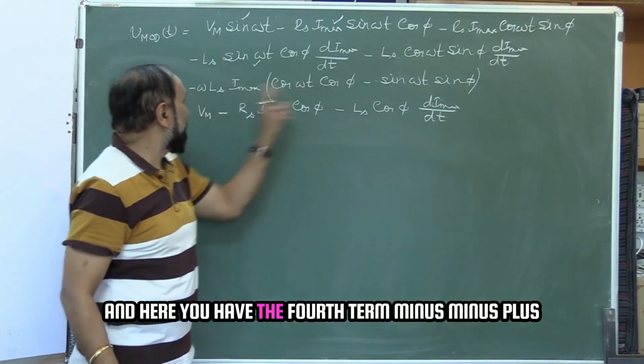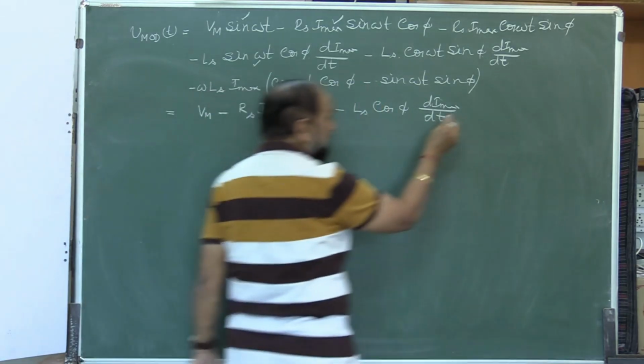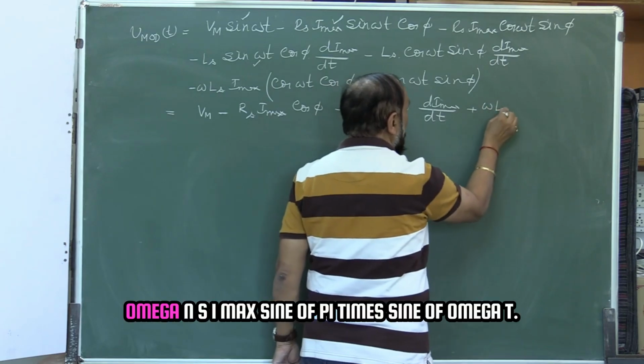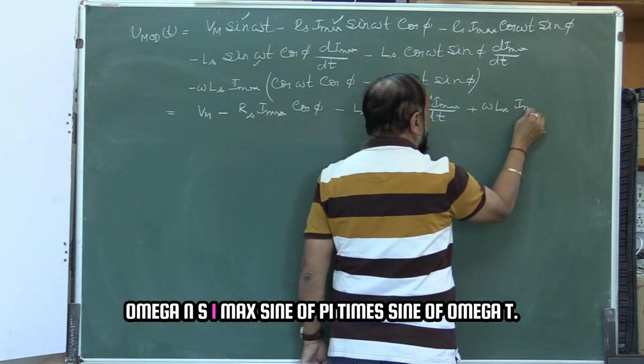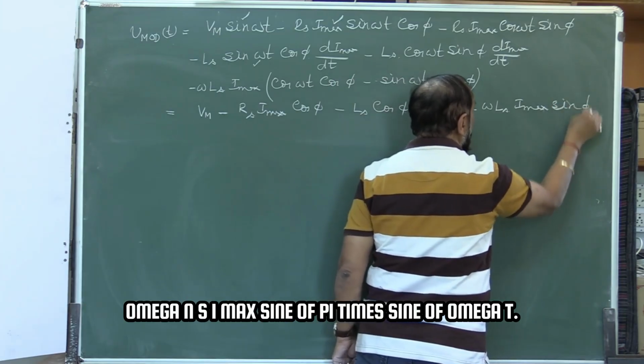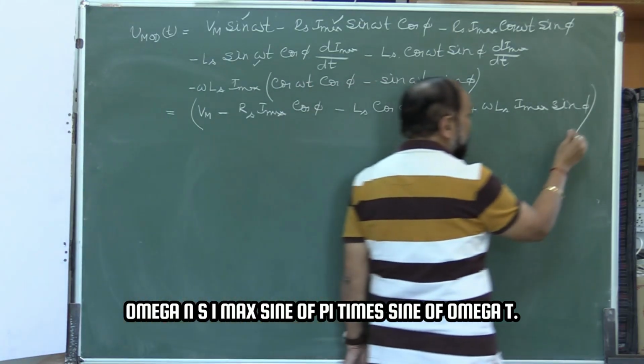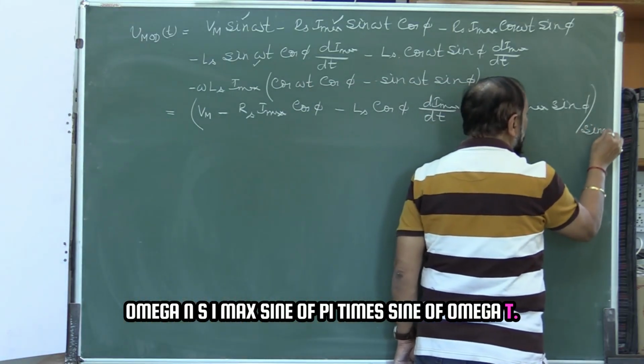And here you have the fourth term, minus minus plus omega Ls I max sine of phi times sine of omega t.